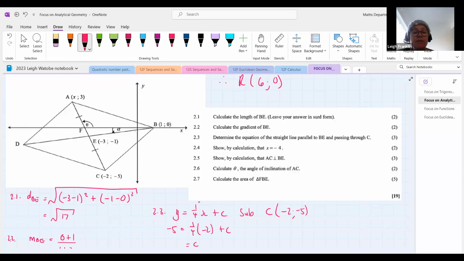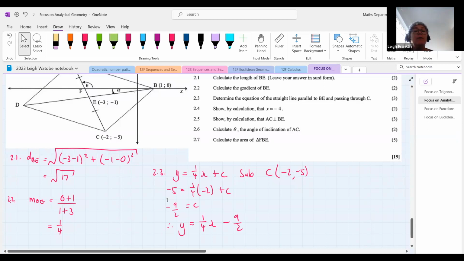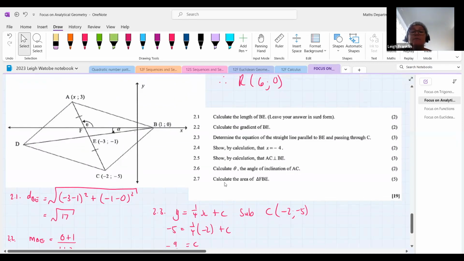So that means that c is going to be equal to -9/2. So the equation is this line, y equals 1/4x minus 9/2. That makes sense.